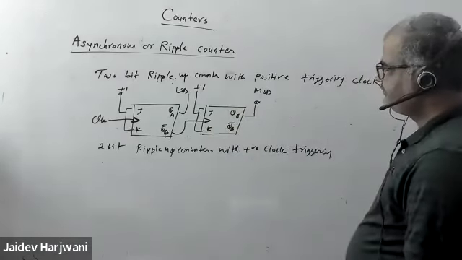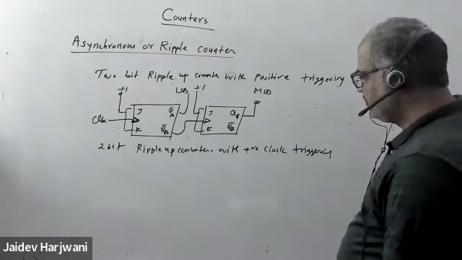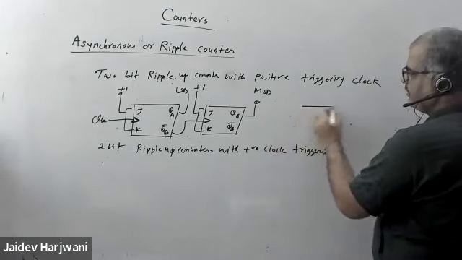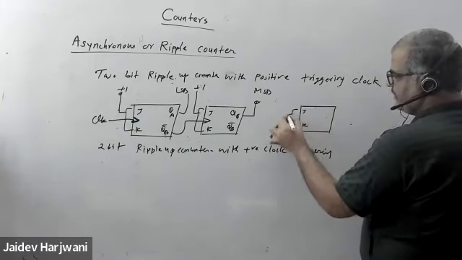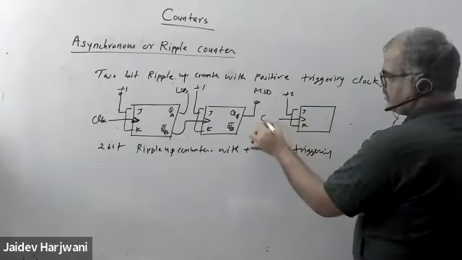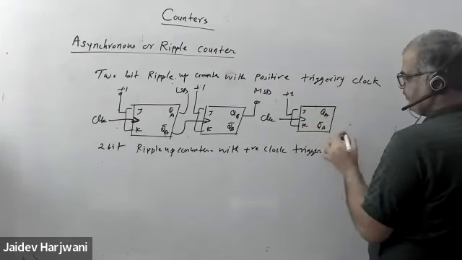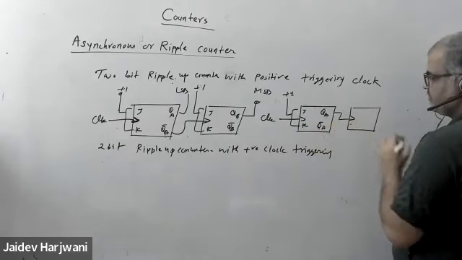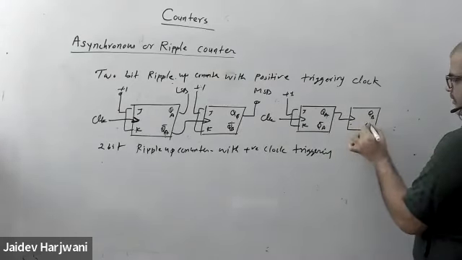Okay, now similarly if I want to make 2-bit down counter with a positive triggering, okay, तो इस अप काउंटर डाउन काउंटर में उल्टा हो जाएगा. You have a clock, this one JK, okay, +1, okay, clock positive clock, you have Q A bar, okay, then you have again clock this one, if you connect this one then it will be ripple down counter, this will be Q B bar.